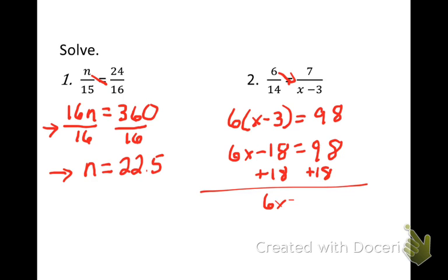Get 6x equals 116. Here is the step I will let you leave out if you don't want to put that in. And if you take your calculator and divide, you are going to get a repeating decimal, 19.3 repeating. So make sure you read directions, because I'm not sure what it says on the homework. If it says to round, this would be to the nearest tenth, which would be 19.3. If it doesn't say to round, I'd write it with my repeating decimal symbol.